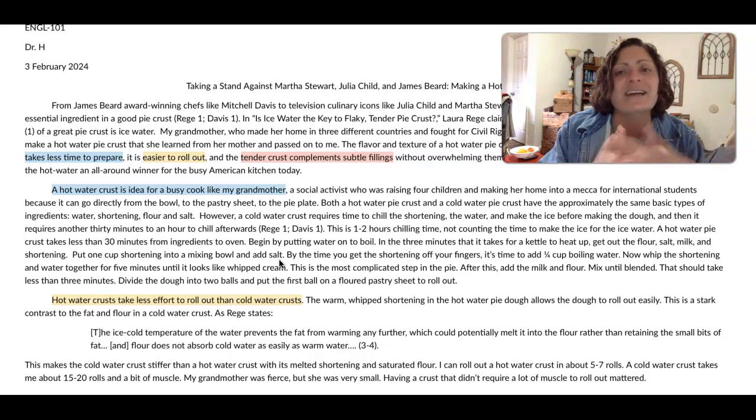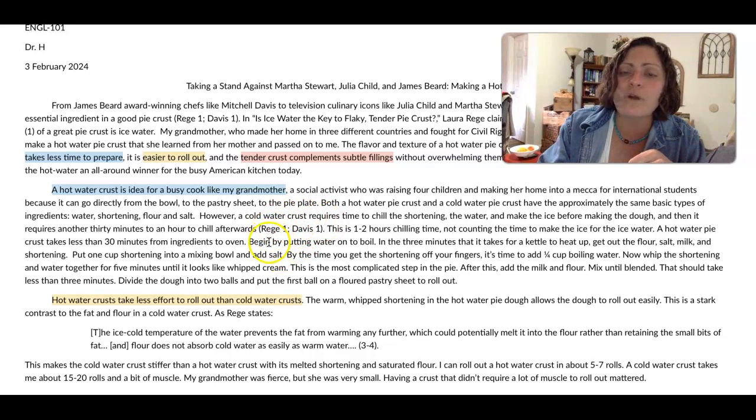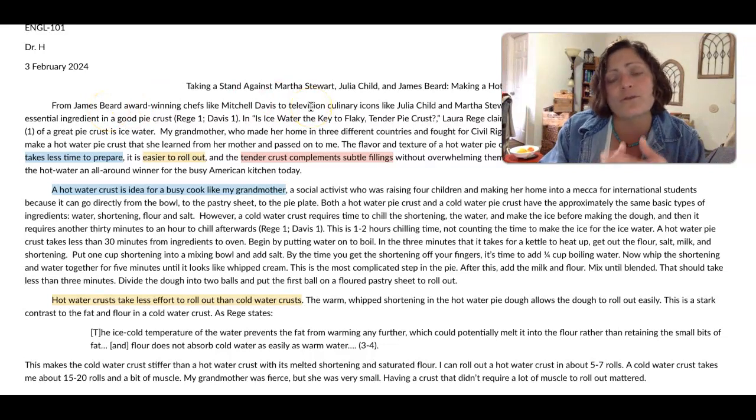So I've synthesized their two points, and by referencing them both here in my synthesized statement about what a cold water pie needs, it gives this more weight. Because if you remember at the beginning, Davis is a James Beard award-winning chef, and Reggie is writing for Martha Stewart.